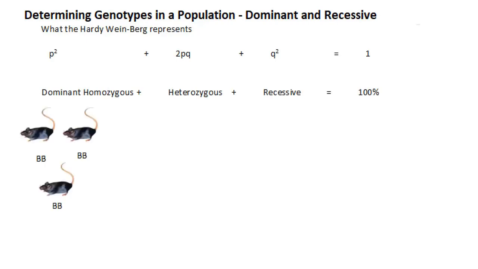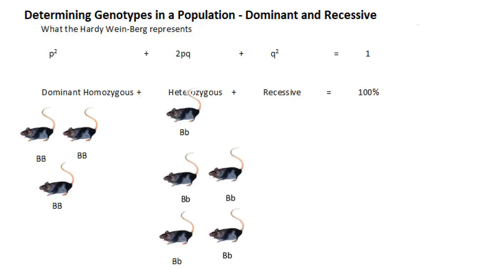Now let's look at the Hardy-Weinberg equation. We've got P squared plus 2PQ plus Q squared, and that will equal 1. P squared is the percentage, expressed as a frequency, of dominant homozygous in the population. 2PQ is the frequency of heterozygous in the population. And Q squared is the frequency of the recessive in the population.